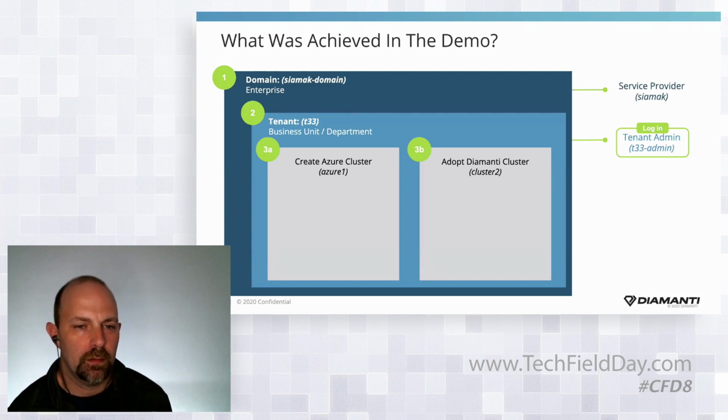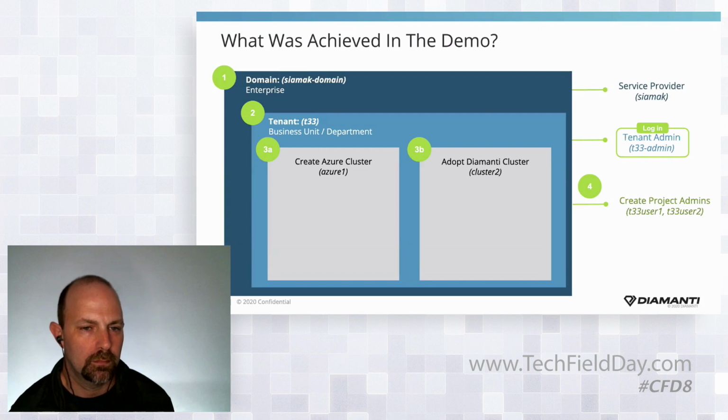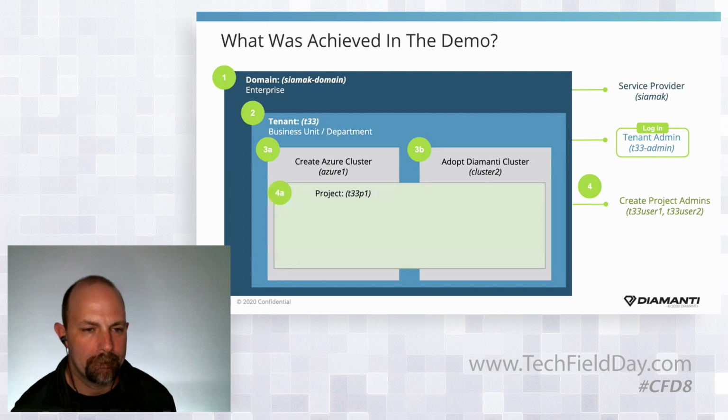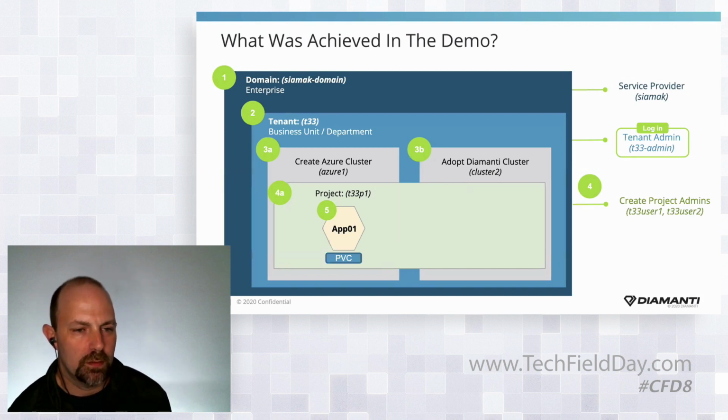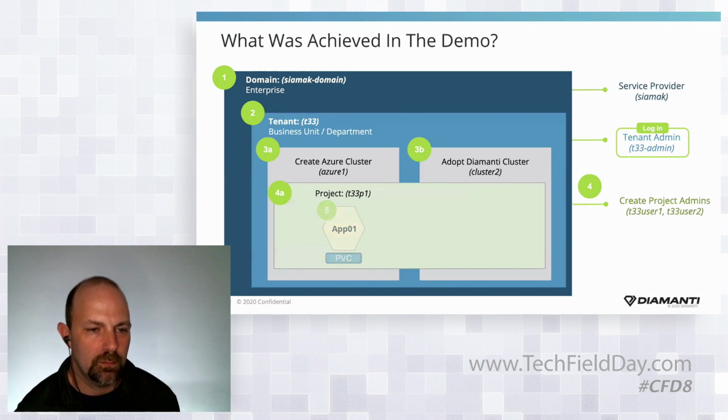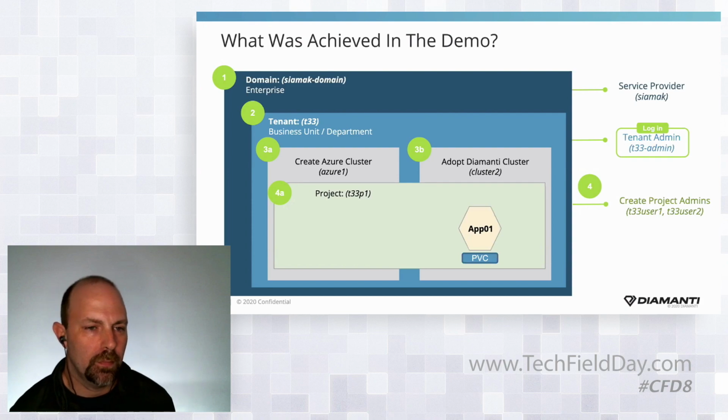Then we adopted a Diamanti cluster. We created a project and added the project admins to it. And then we created an application, a stateful application. And then the last step is we migrated that application from Azure to the Diamanti cluster.